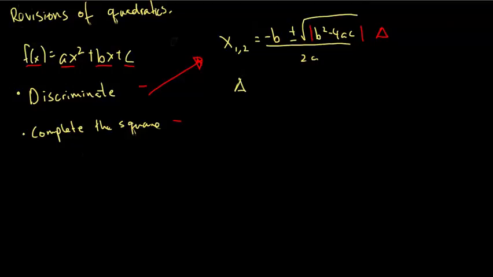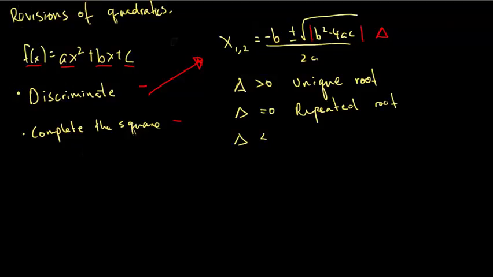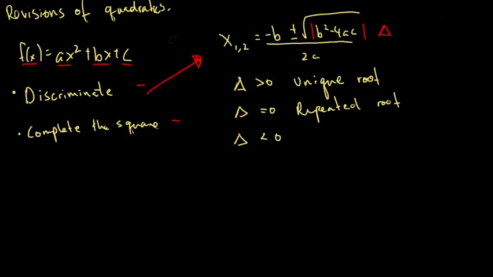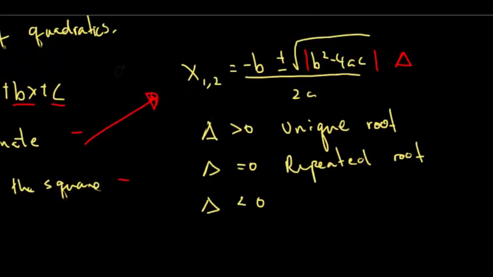If delta is greater than 0, we would have a unique solution or a unique root. If delta equals 0, then we will have a repeated root. And finally, if delta is less than 0, which means that b squared minus 4ac is negative, then we would have a complex root.